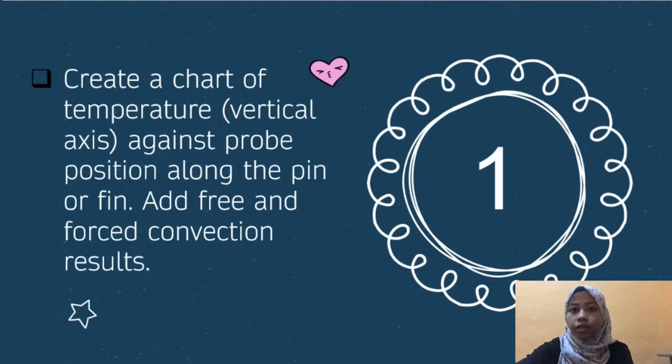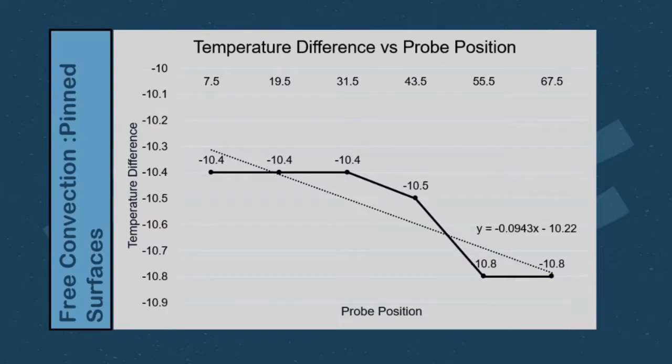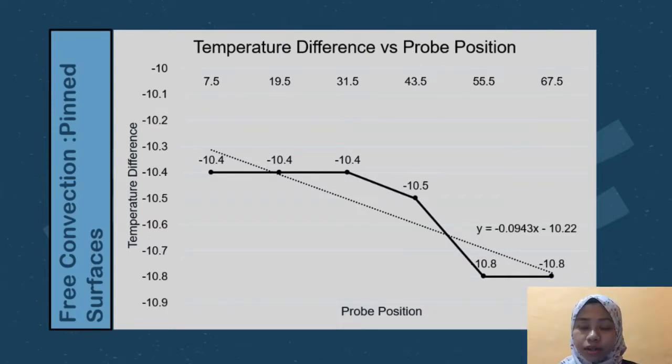Chart of temperature, which is the vertical axis, against probe position along the pin or fin at free and forced convection result. For the first graph, which is free convection pin surface, the graph is directly proportional, which is probe position and temperature difference. So we plot, and lastly we find the value of gradient.